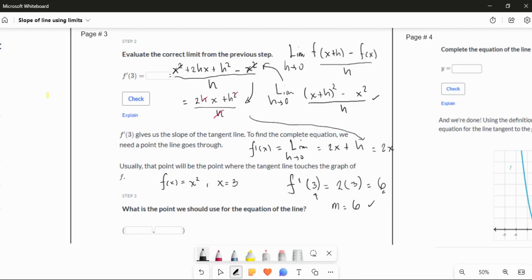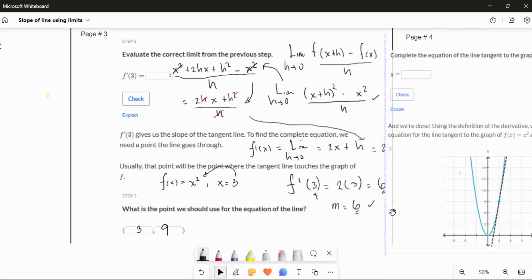I'm going to plug in this 3 into my equation. So the point on a line will be equal to 3, and another point to use will be 9. 3 squared is 9, so (3, 9) is a point, by which I can find the equation of the line.